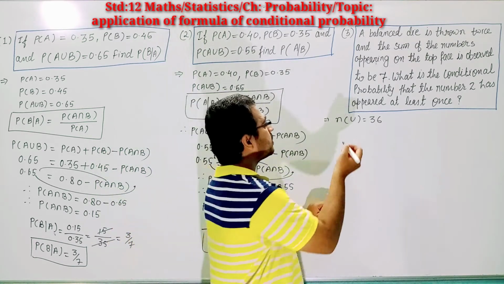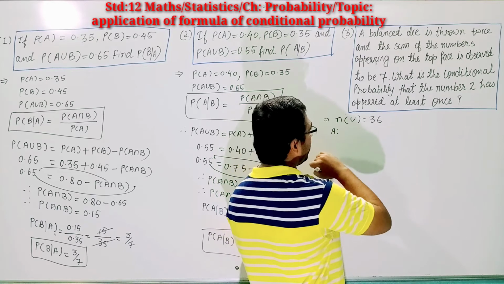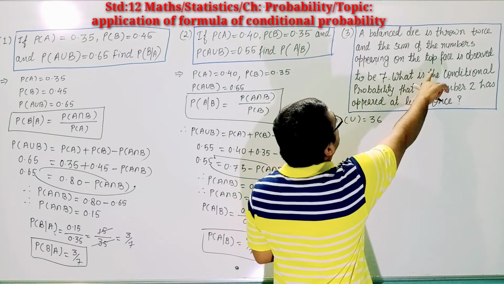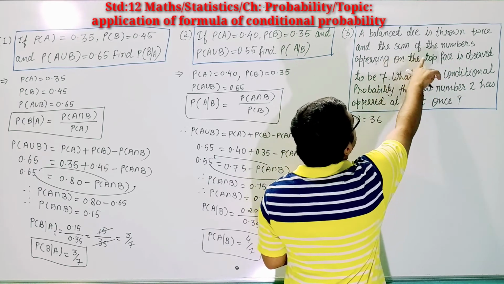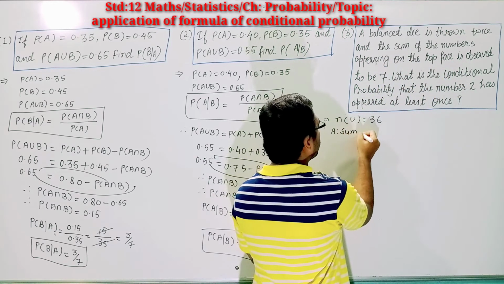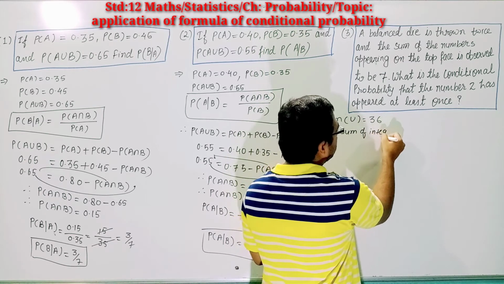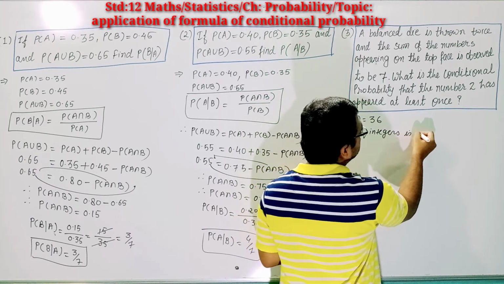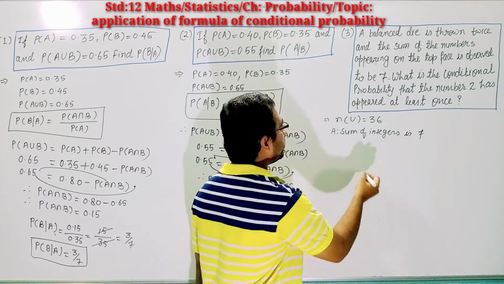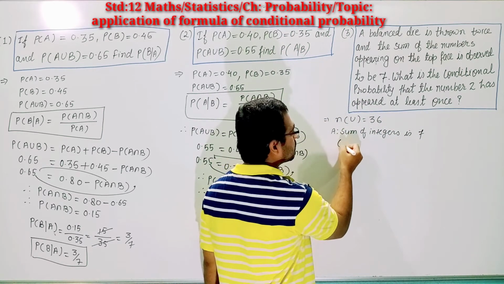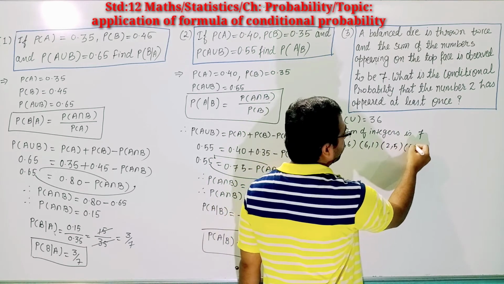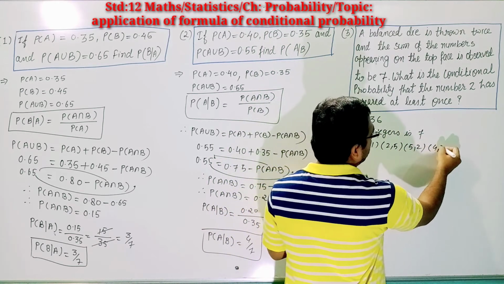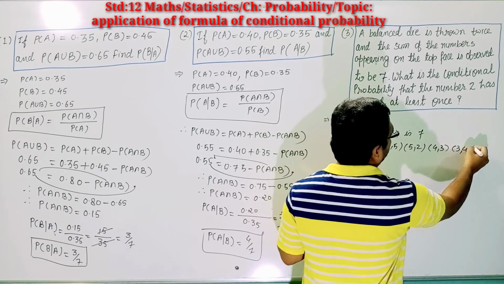Here we write the first event A: the sum of integers is 7. So the ordered pairs are 1 6, 6 1, 2 5, 5 2, 4 3, 3 4.